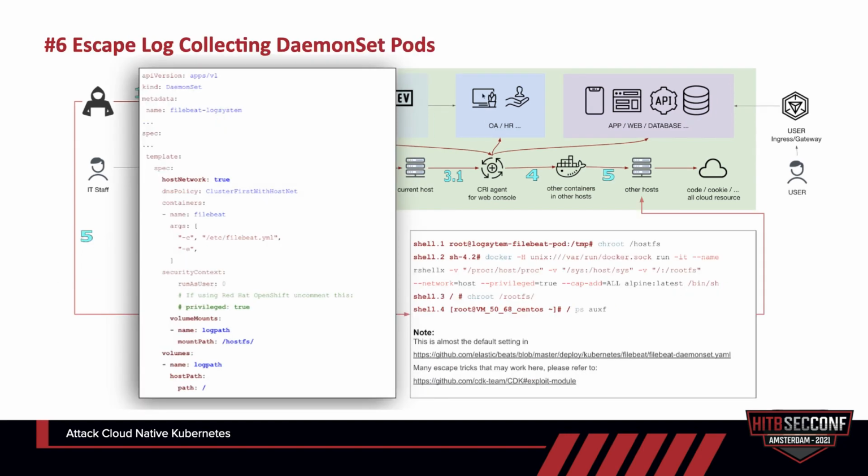Since we can get a shell of all containers on the Kubernetes cluster, now we focus on another agent. It is an agent that collects logs. It uses a DaemonSet to deploy and runs on all K8s node servers.